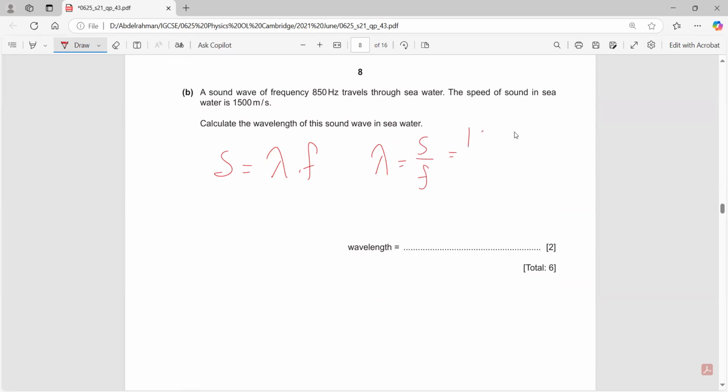The speed is 1500 divided by the frequency, 850. 1500 divided by 850 is 1.76 meters.